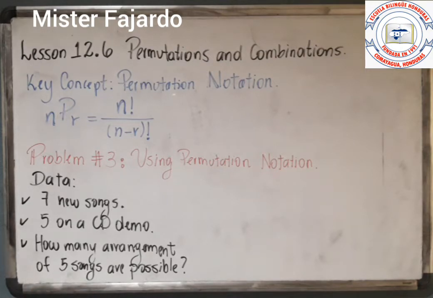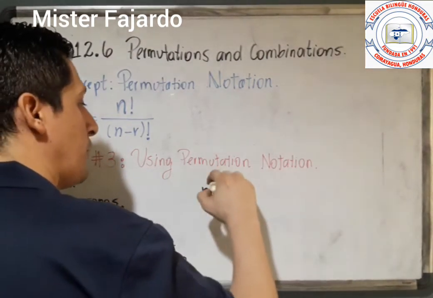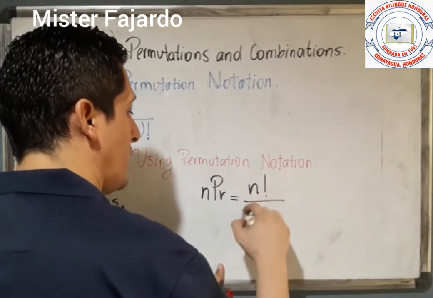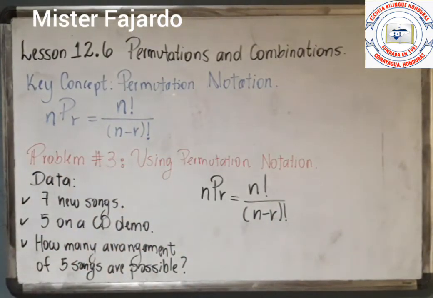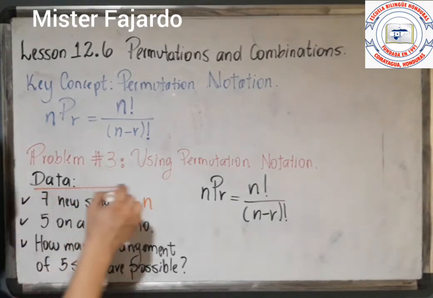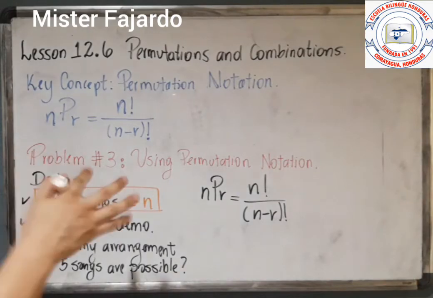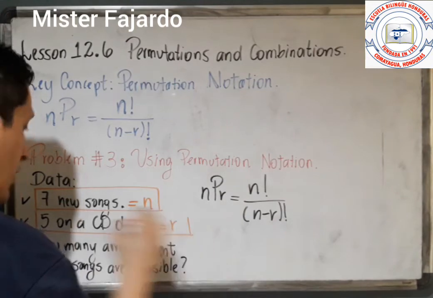Remember to write down the data because it's going to be really helpful. I'm going to write my formula, which you already know: nPr equals n factorial divided by n minus r factorial, okay? That's really easy. You just need to identify each of the variables. n is the total options that you have, that is 7, okay? And the limit that you want, 5, is equal to r, okay?